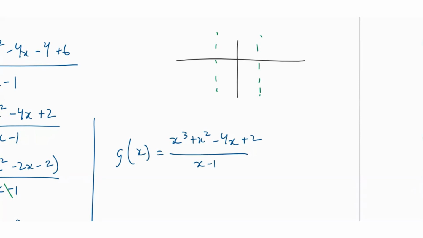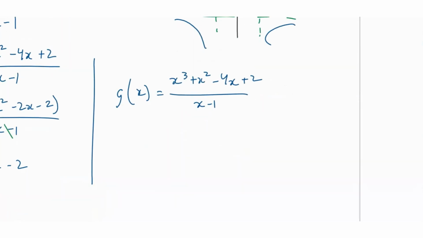Let's say like this, and it might go like this and like this. There are graphs that look like this. But this one wouldn't look like that because it doesn't have a vertical asymptote. It has a hole. What would it look like?